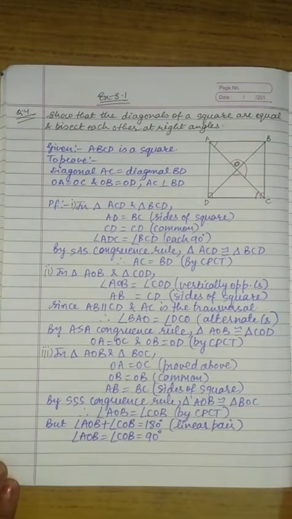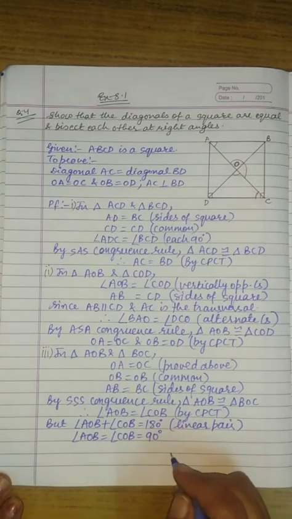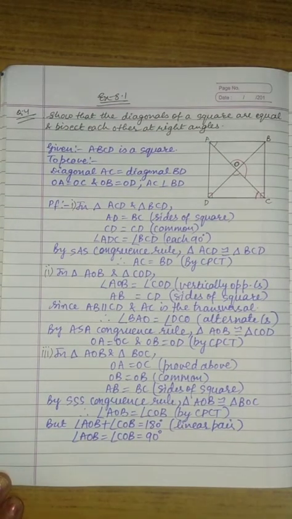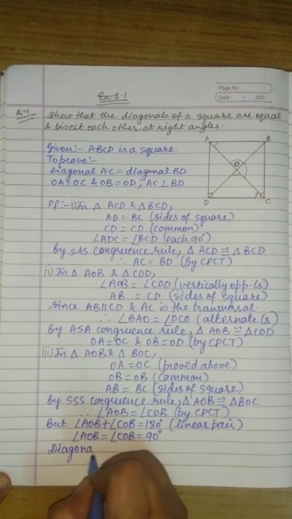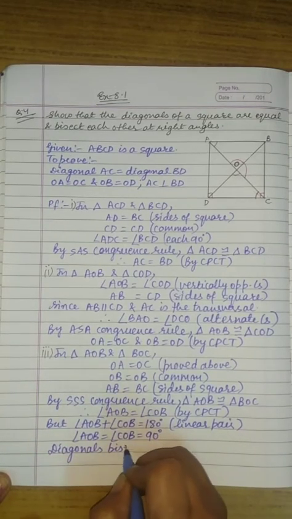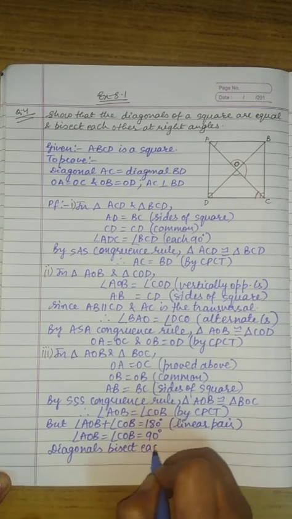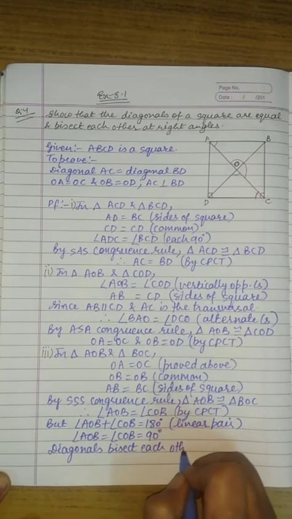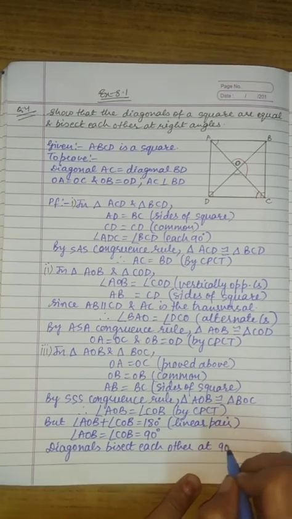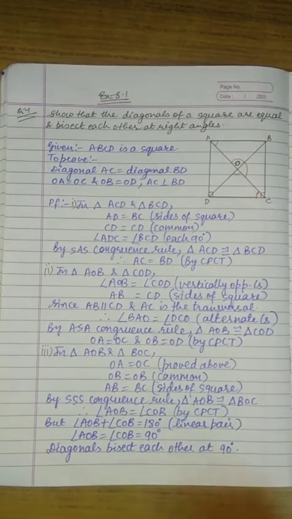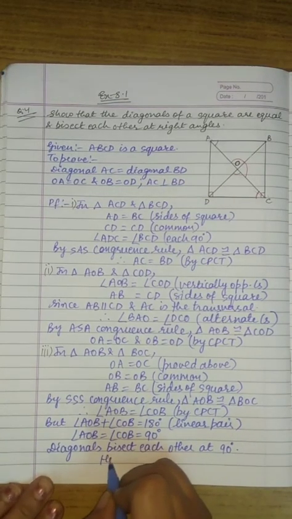If both the angles are equal to 90 degree, it means diagonals bisect each other at 90 degree. So hence we have proved all the three results. So hence proved.